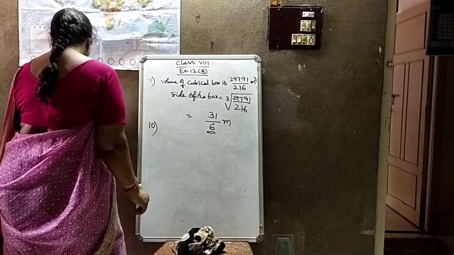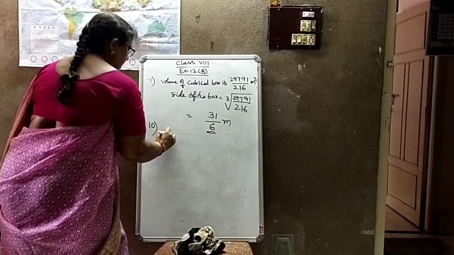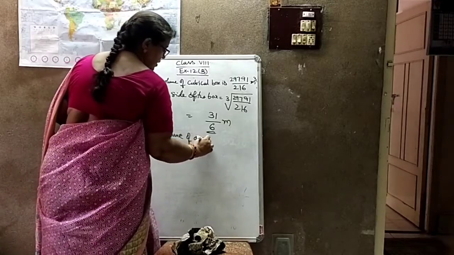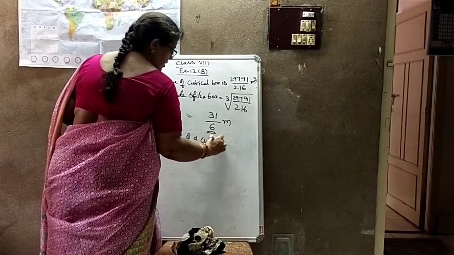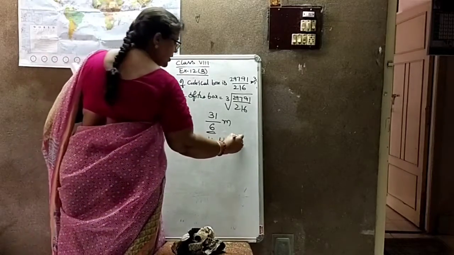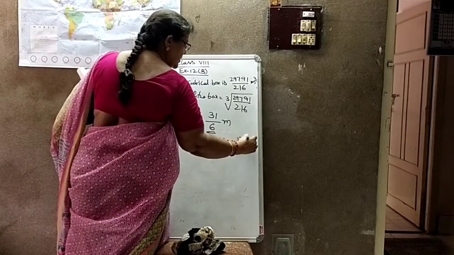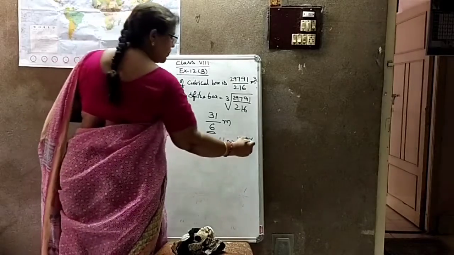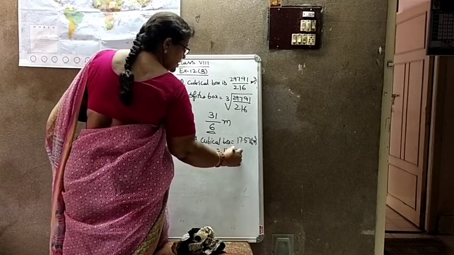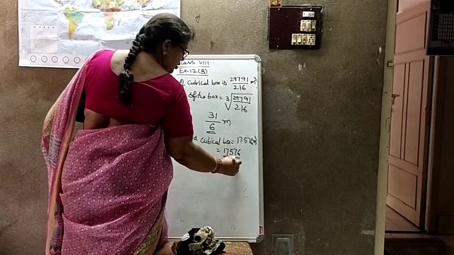10th sum same. Volume of a cubical box is given. Again, same concept. It is equal to 17.576 meter cube. I am writing here 17576 by 1000 meter cube.